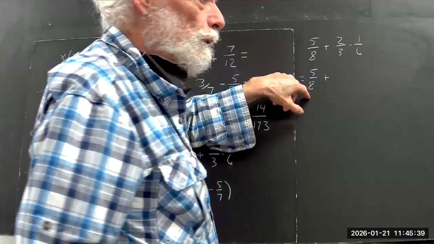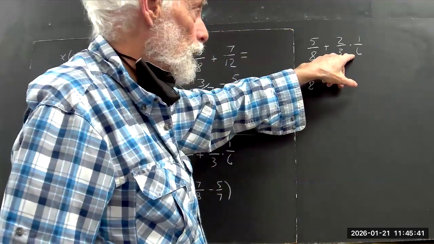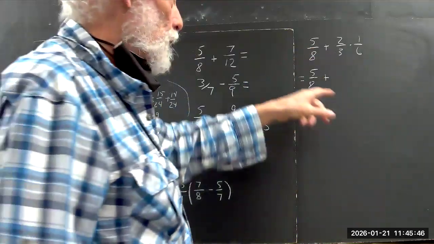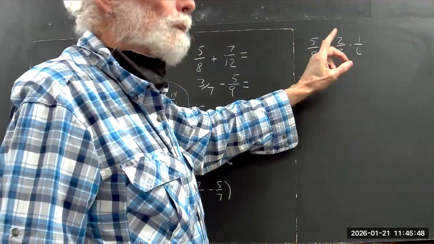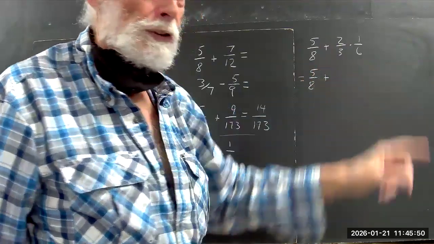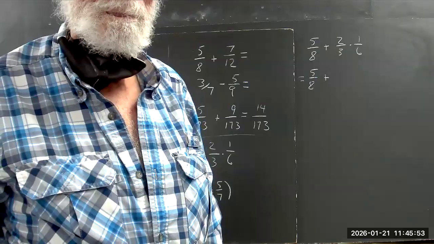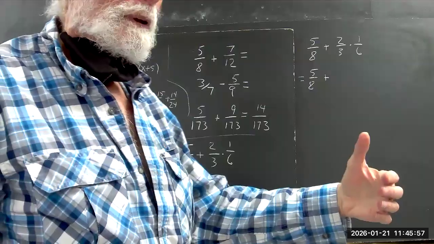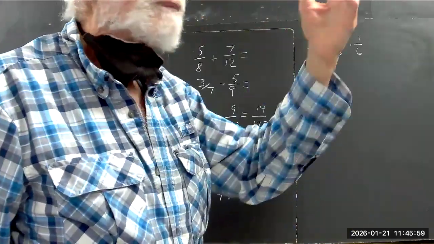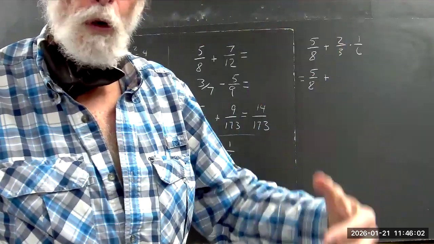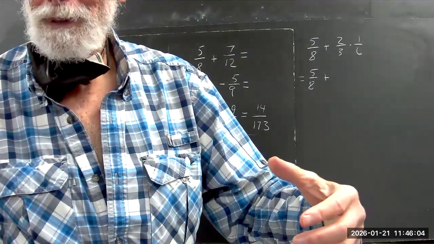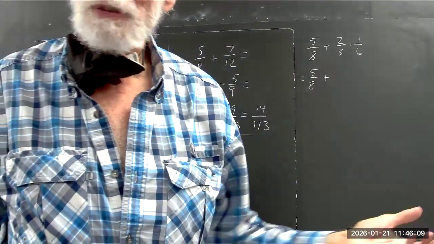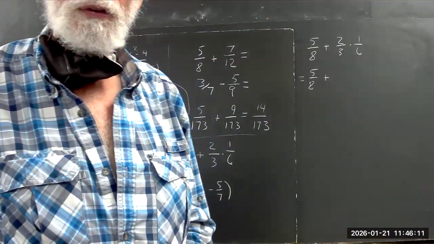We're not going to do anything to 5/8 because we know that we multiply before we add. We're not going to add 5/8 to 2/3. We're going to multiply the 2/3 times the 1/6. Always. Multiplication and division before addition and subtraction. Now that's the subject of the next assignment. It's just order of operations with fractions.